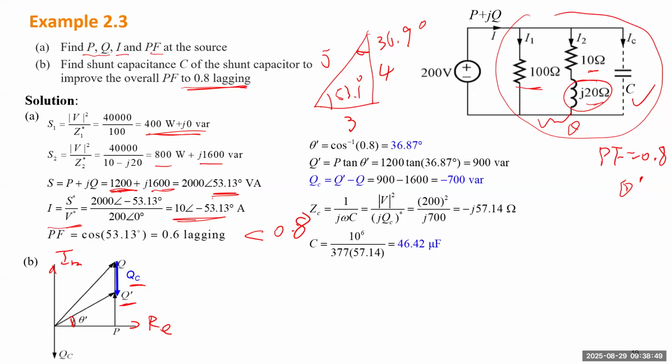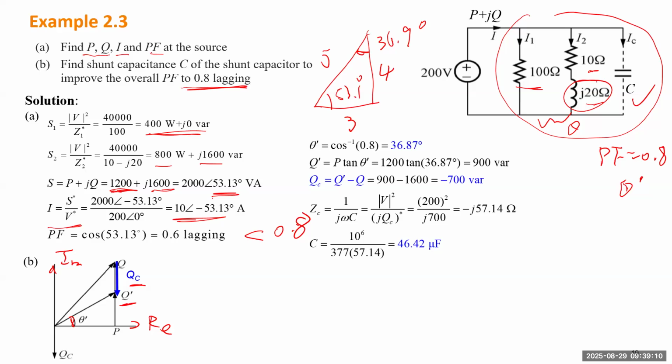So based on the new power factor 0.8, we can also utilize that triangle. So the angle will be 36.9 degrees.